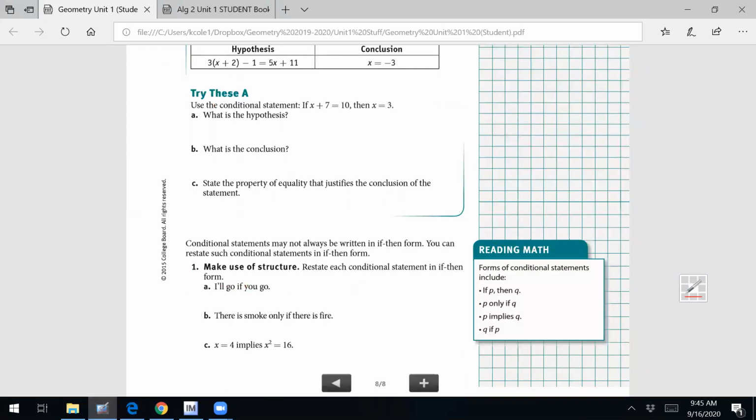All right, so what's our hypothesis? Very good. And what's the conclusion? All right, then it says state the property of equality that justifies the conclusion of the statement. What property is going to justify? How did you go from here to here?